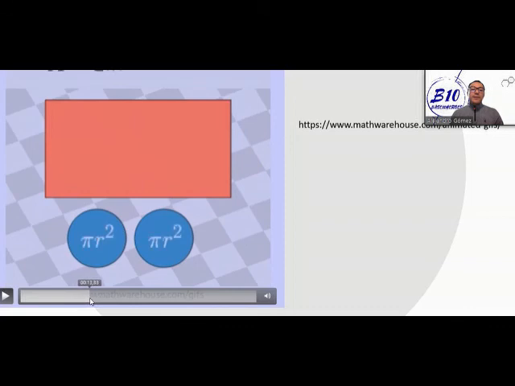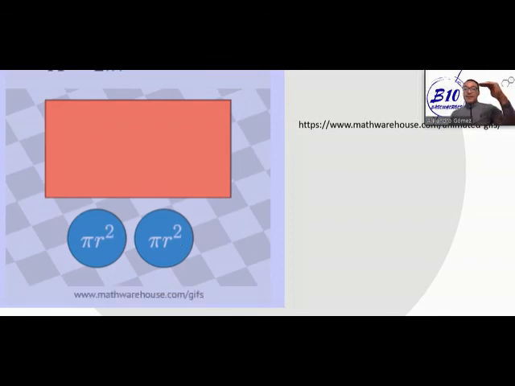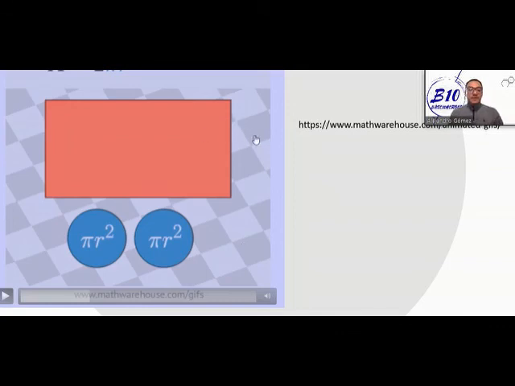Well, they are going to be the area of a circle, and the area of a circle is pi times radius to the power of 2. And guess what? Because there is a top face with a circle and a bottom face with a circle, we have to add them up because they are two faces, an upper lid and a bottom lid, if you want to cover it. So remember mathwarehouse.com, where you will find beautiful animations like this.